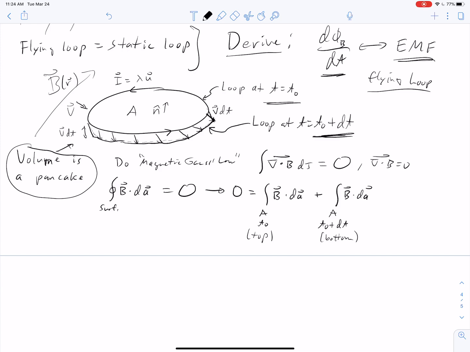But then I also have the side, which I'm going to call the ribbon.